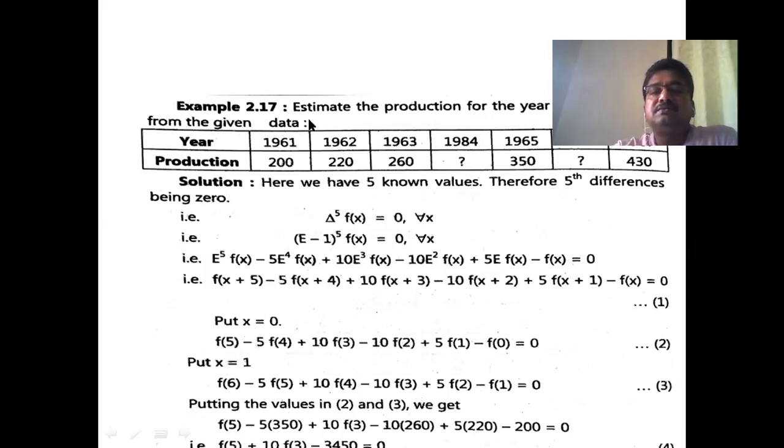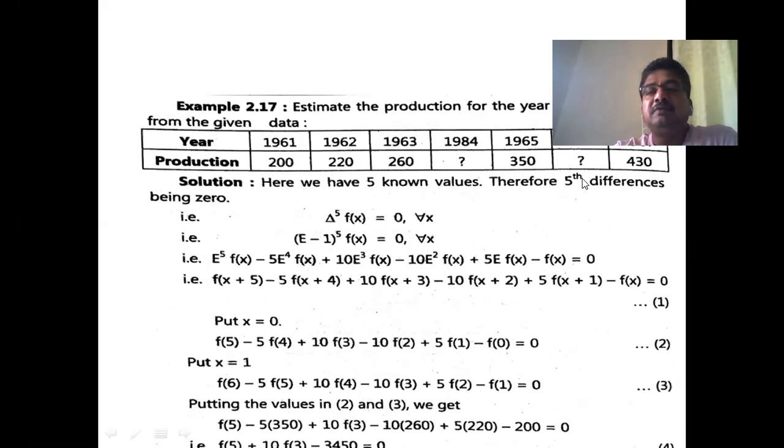So obtain two equations by substituting first x is equal to 1961, we get one equation, and by substituting x is equal to 1962, we get a second equation.